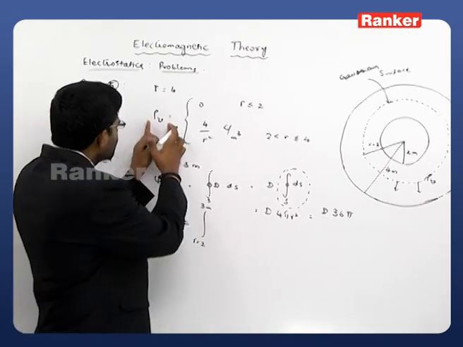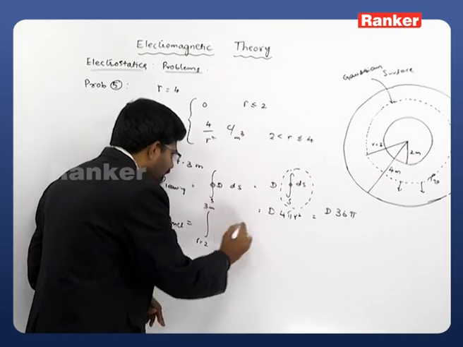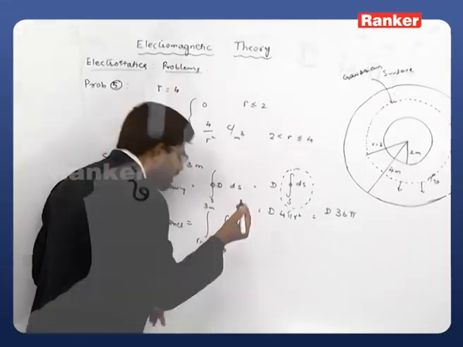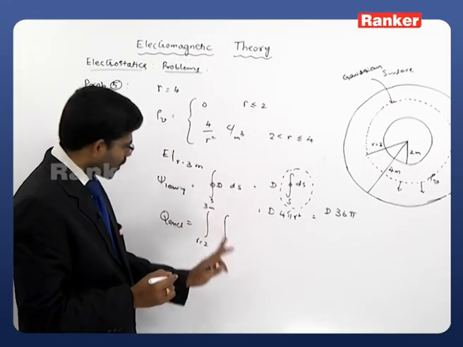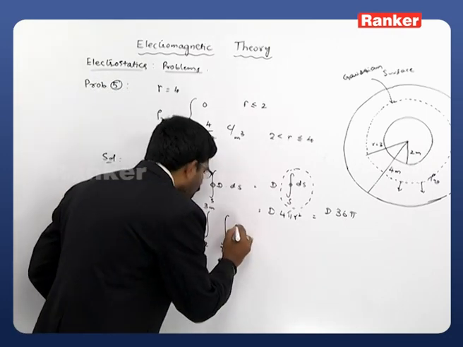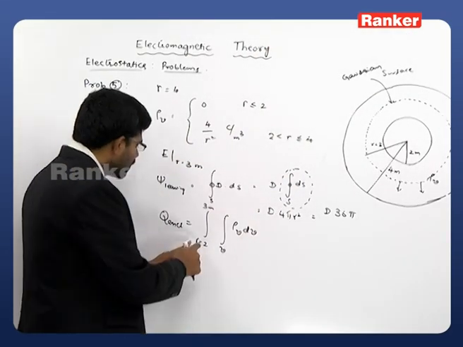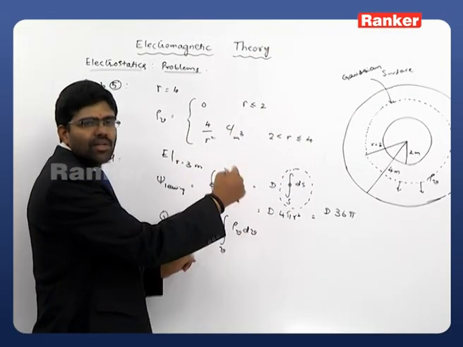Since it is a volume charge density, a volume integral will be there. Leaving the remaining two aside, for convenience I will write it as the volume integral of rho v dv. This is not the standard notation, but for convenience I am writing it like this. For understanding I wrote the limits of r only, and left the limits of the remaining two parameters.